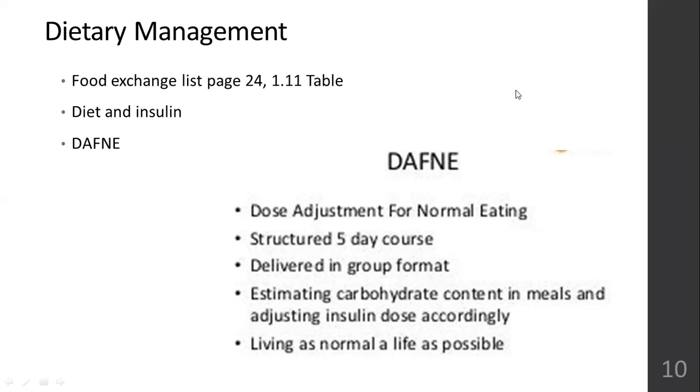The doctor will tell them, if you're going to some party and you know you're going to indulge more in rice, wheat, and you will eat one extra chapati, or one extra serving of rice, this is the extra insulin that you have to take. If something like this happens, if you're eating a little bit more out of your diet plan, this is how your insulin has to be adjusted.